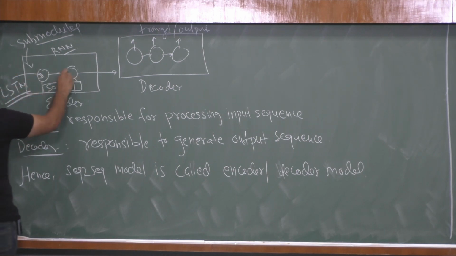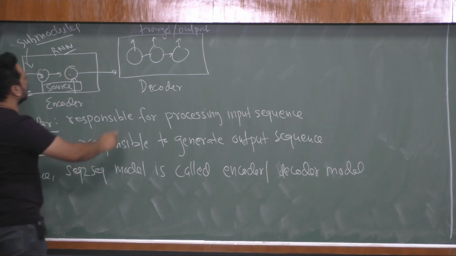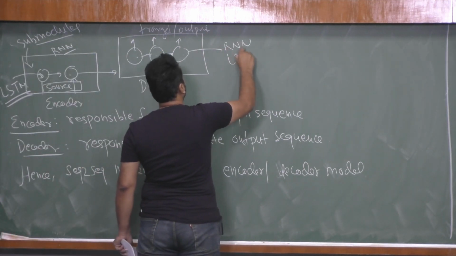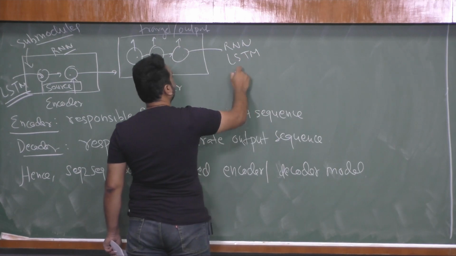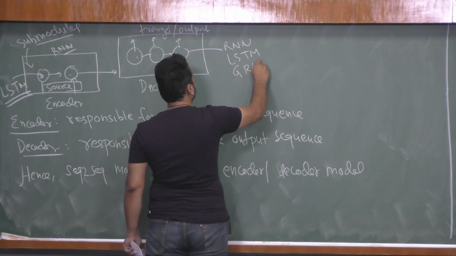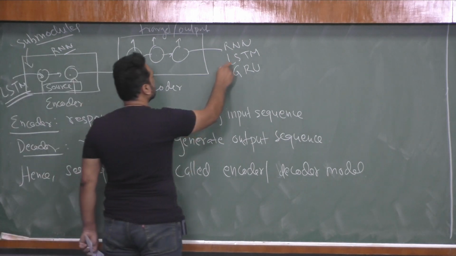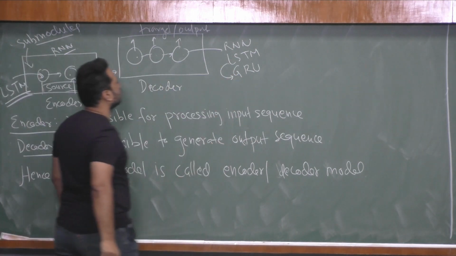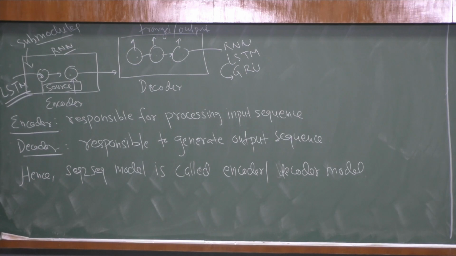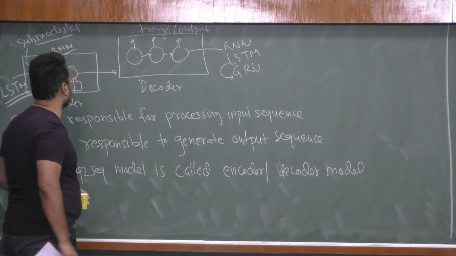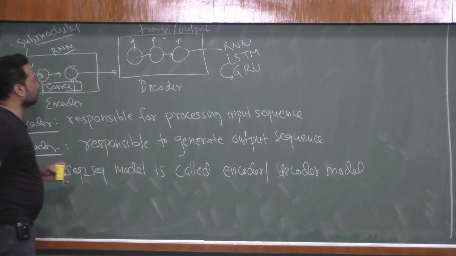Similarly, for the decoder you have the choice of RNN, LSTM, or a variant of LSTM called GRU, the gated recurrent unit, which is a simplification of the original LSTM and works as well. They figured out a few things were redundant in LSTM, and hence you can also use GRU.